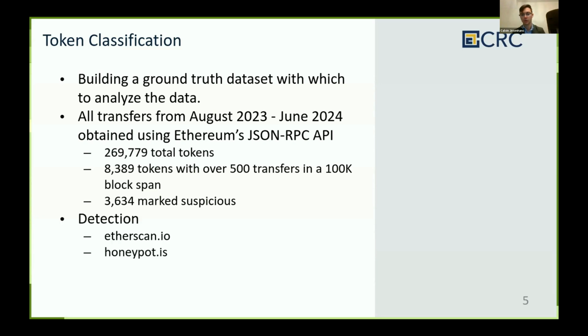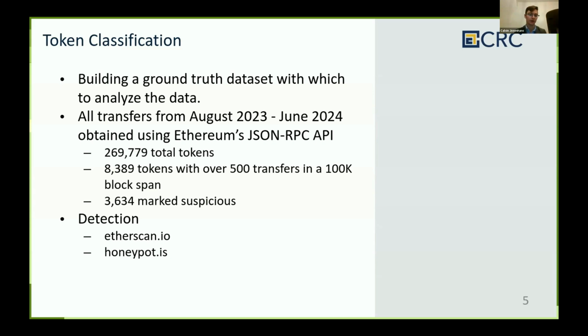The way we did that was just looking at the site's Etherscan, which is the largest block explorer for Ethereum and has a community-based scam detection mechanism where users can report malicious behavior.